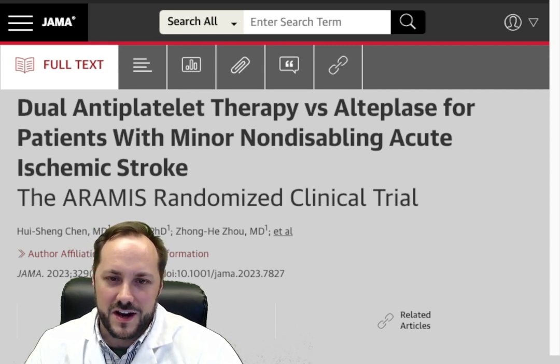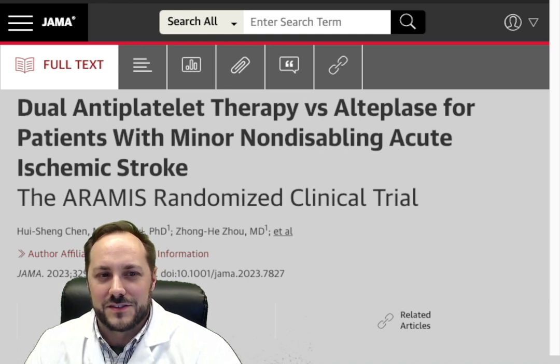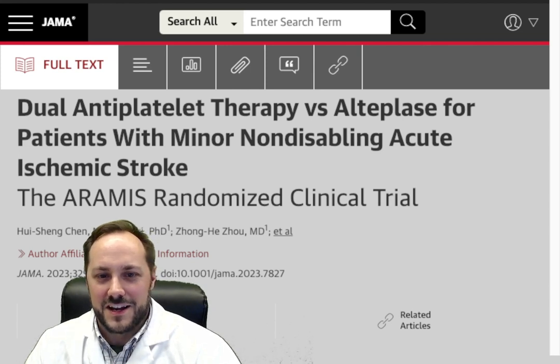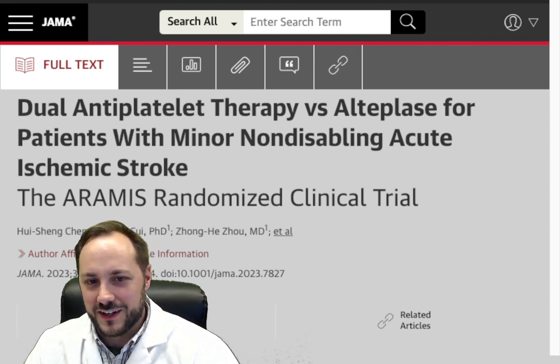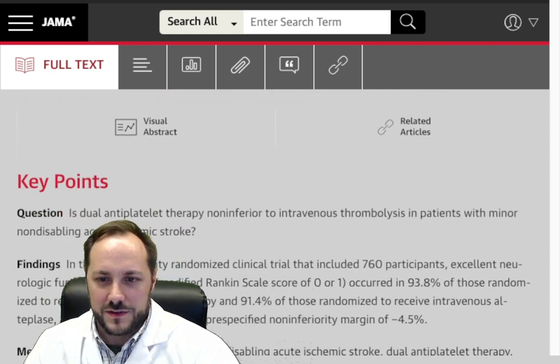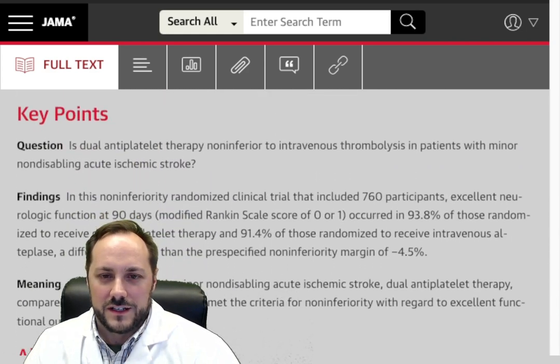They're calling it the ARAMIS randomized clinical trial, not to be confused with the ARAMIS trial on androgen receptor for metastasis-free survival, or the ARAMIS trial focusing on atrial fibrillation in the context of stroke. I guess they're running out of acronyms. So this trial was done in China, and that would be the first criticism of the trial.